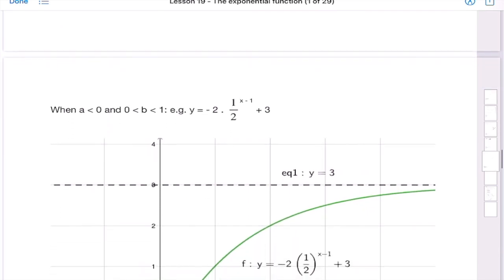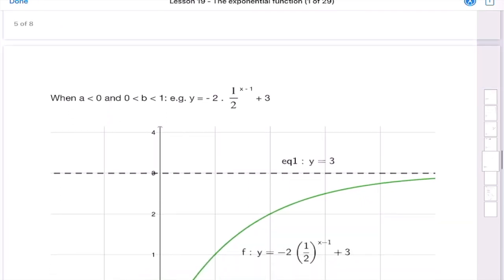If, however, a is negative, but b is a fraction between 0 and 1, maybe put that 1 over 2 inside a bracket, then because of the negative sign, which is sitting there in front of 2, we know that there is a reflection in this case.